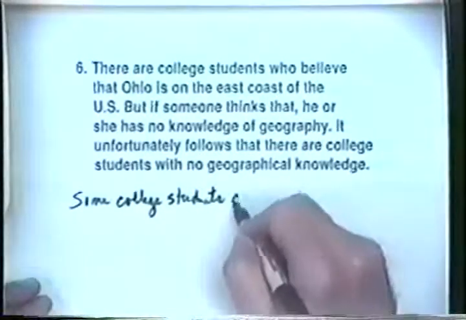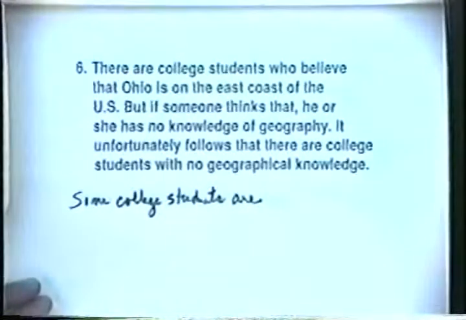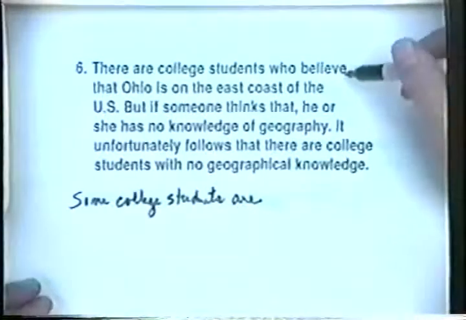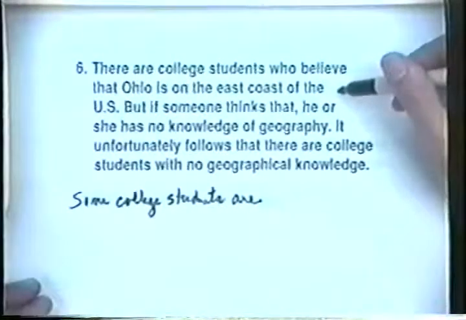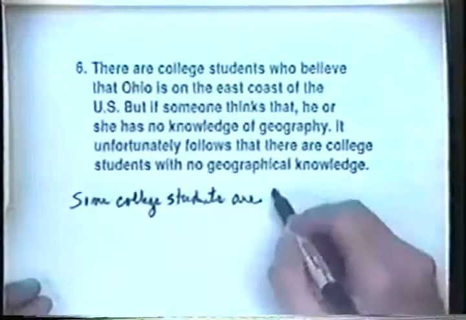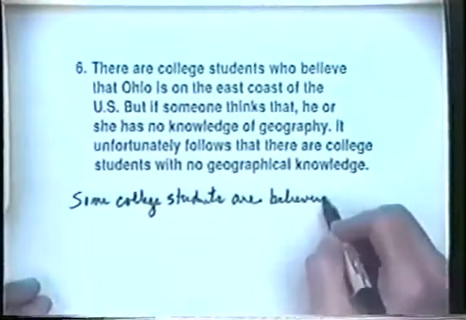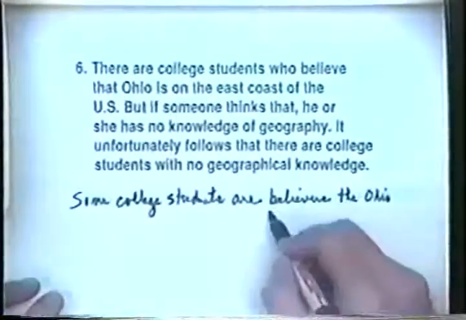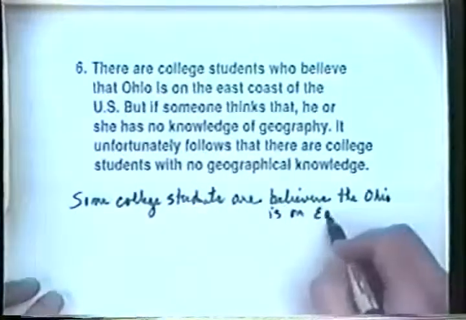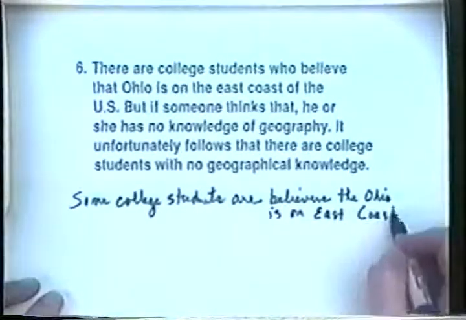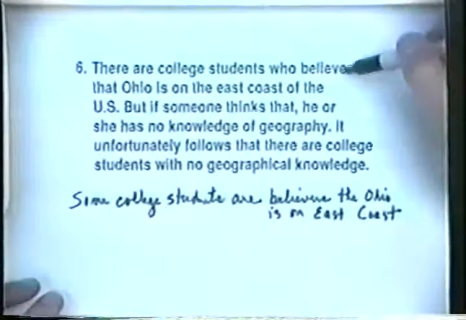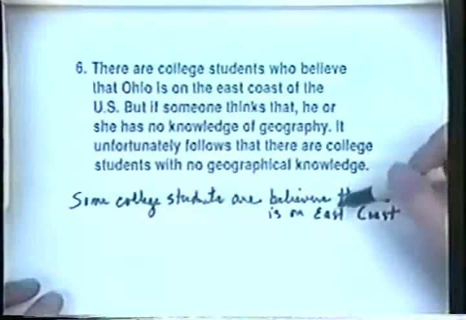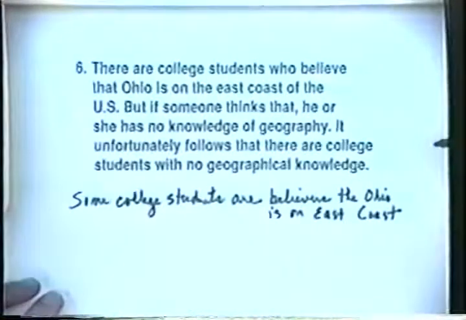Remember, now we need the copula, are. Are what? Well, are believers that Ohio is on the East Coast. Notice all we've done here is gone from believe to believers, the substantive. So no big problem there.